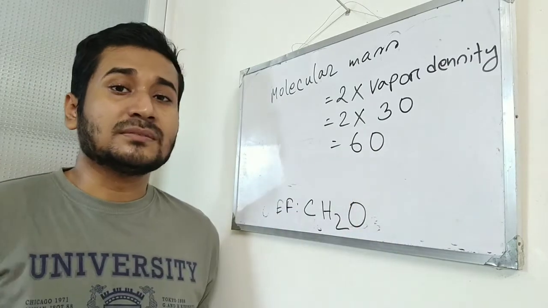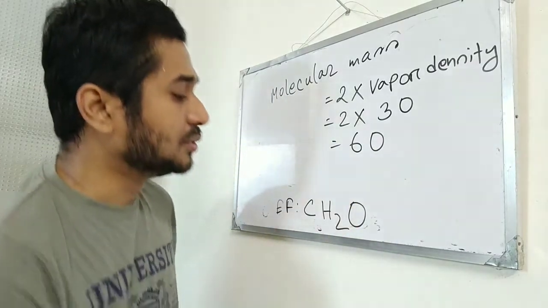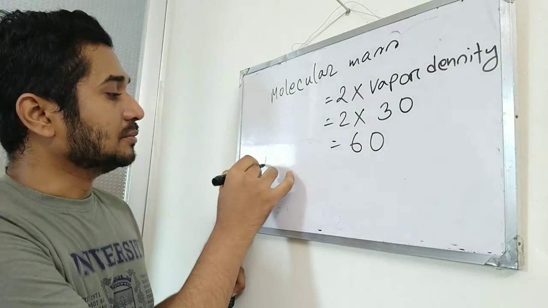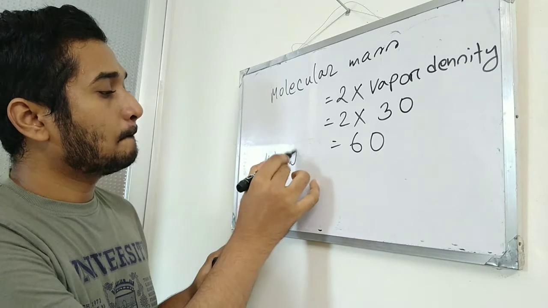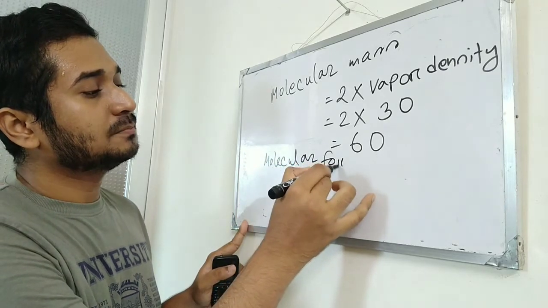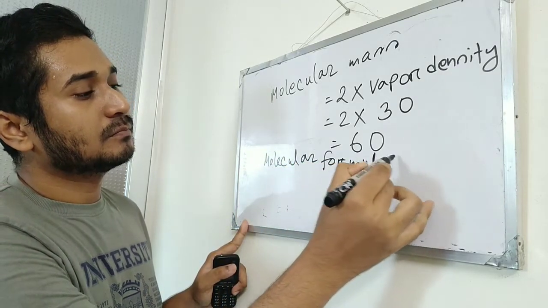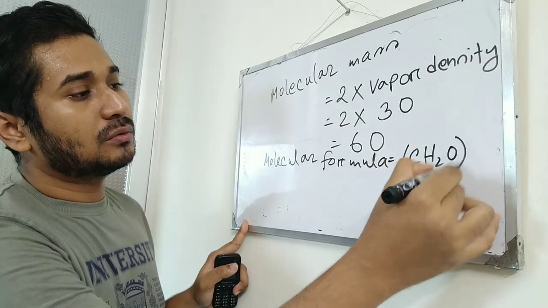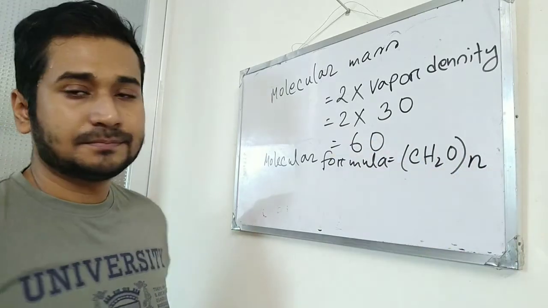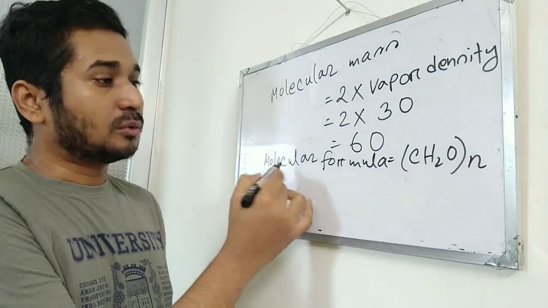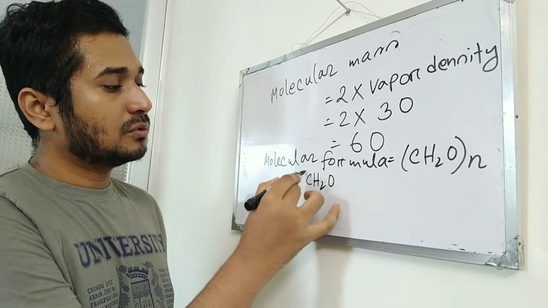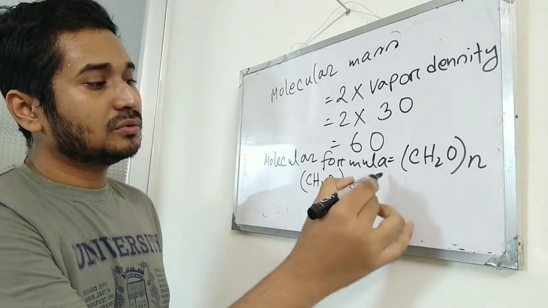And again you can do the same thing. Say the molecular formula is (CH2O)n. According to the question, (CH2O)n is equal to 60.